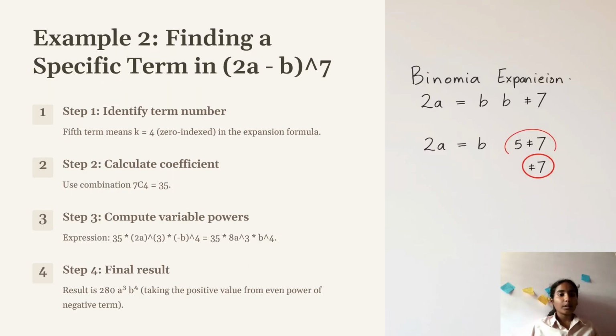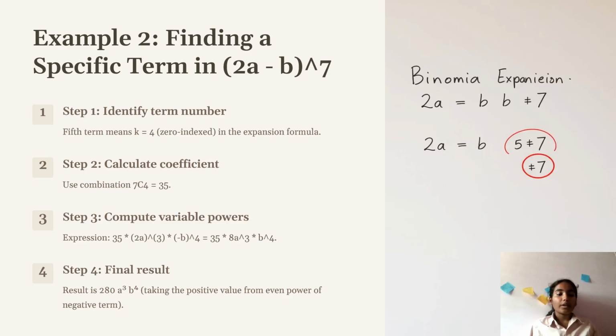Example 2. Finding a specific term in (2a - b)^7. Step 1. Identify term number. Fifth term means k equals 4 in the expansion formula. Step 2. Calculate coefficients. Use combination 7C4, which equals 35. Step 3. Compute variable powers.